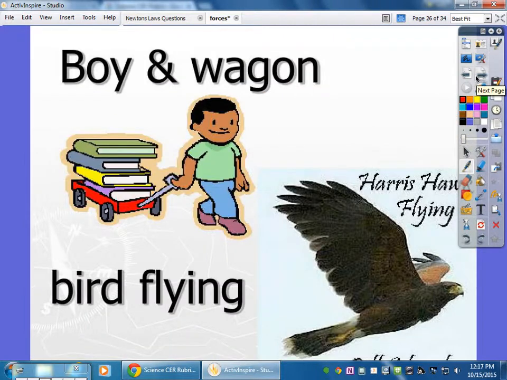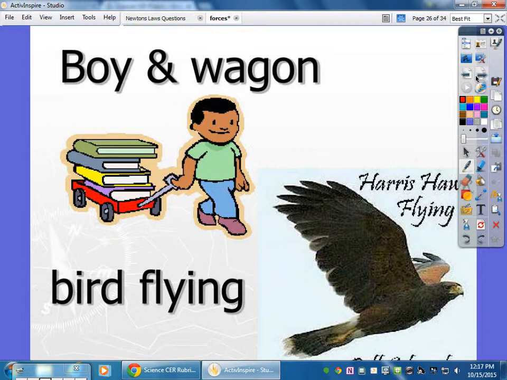All right, so this boy, what is the boy doing to the wagon? Pulling the wagon. So the action force is boy pulls wagon. What is the reaction force? Wagon pulls boy. Keep the verb the same, switch the nouns. And look at the boy's arm.